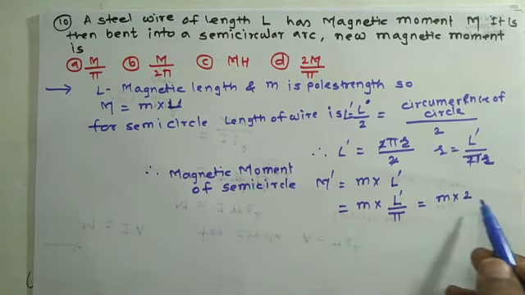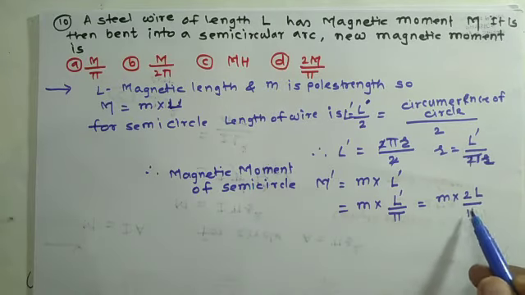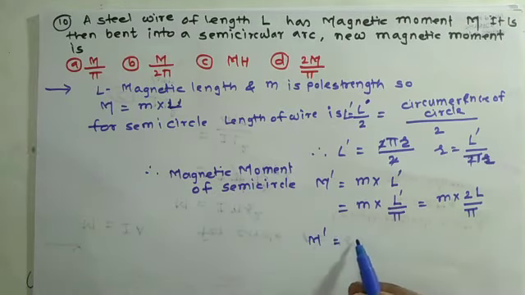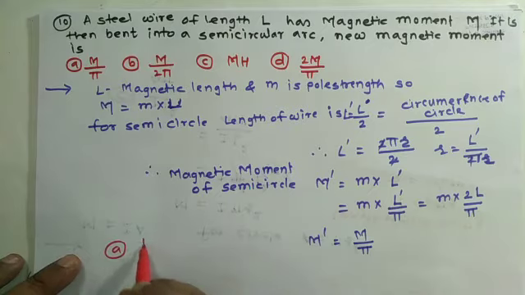M multiplied by 2 times L upon pi. So therefore, capital M dash is equal to M upon pi. So the answer is A. That will be M upon pi.